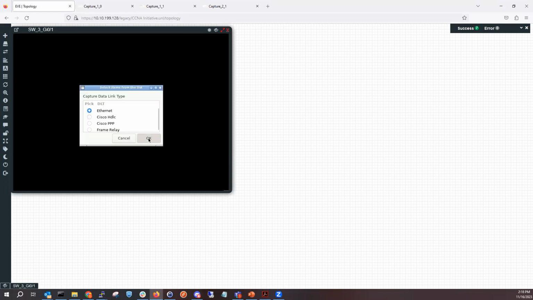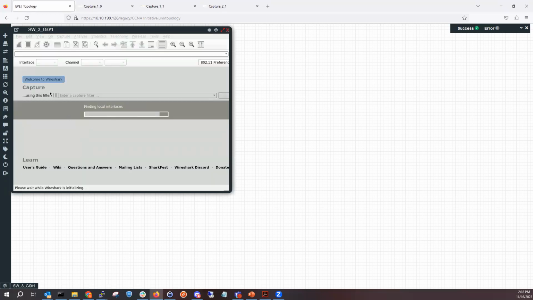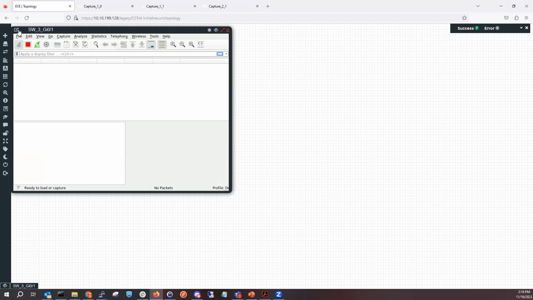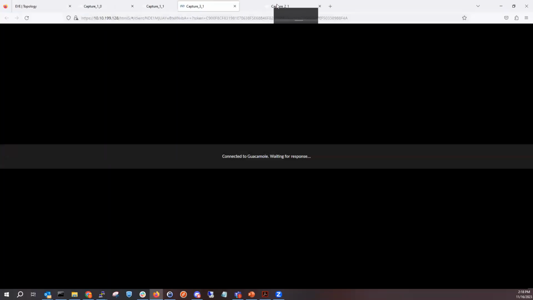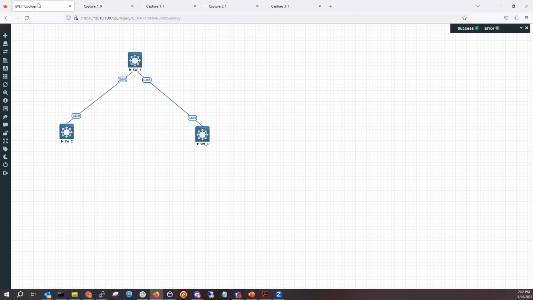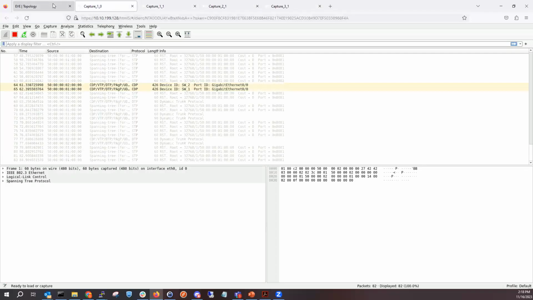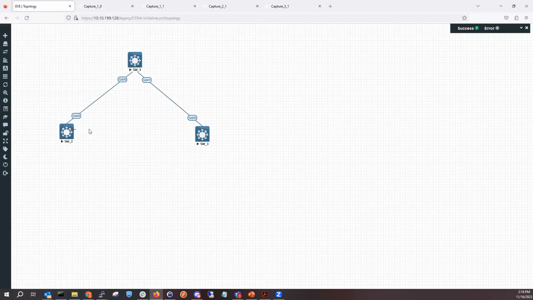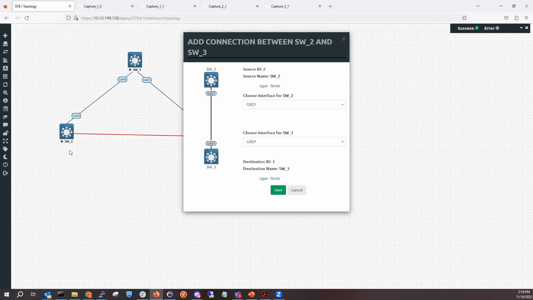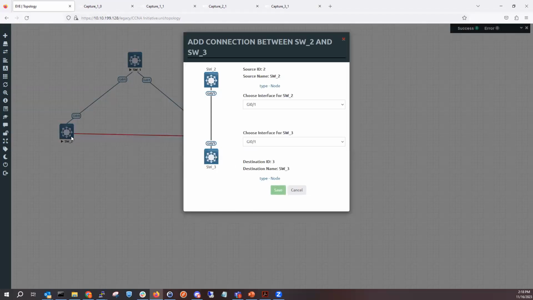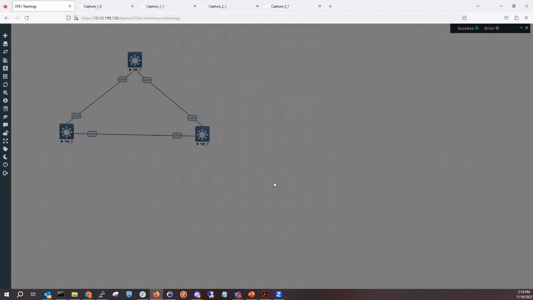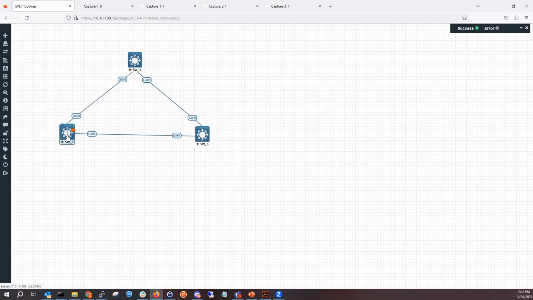By the way, guys, Wireshark is an amazing tool to try to understand some of these protocols, how they work, and how they look on the wire, so you can better understand network engineering at its core. So let's get these connected. Let's straighten it up a little bit. All right, now we got these connected.